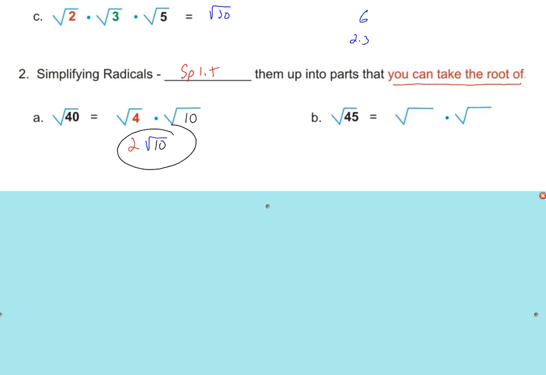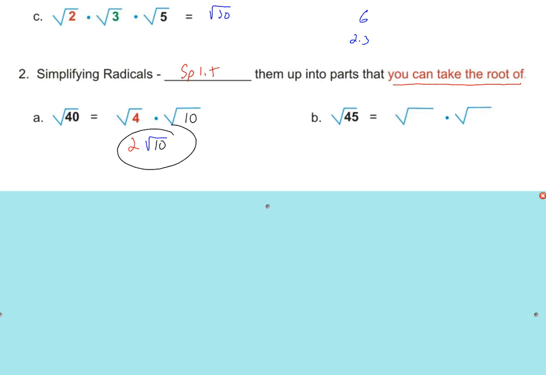We know the square root of 4 is 2, the square root of 9 is 3, the square root of 16 is 4, the square root of 25 is 5, the square root of 36 is 6, the square root of 49 is 7, the square root of 64 is 8, the square root of 81 is 9, the square root of 100 is 10, the square root of 121 is 11, the square root of 144 is 12, the square root of 169 is 13, the square root of 196 is 14, I think. Most people don't know that one. Square root of 225 is 15, etc.